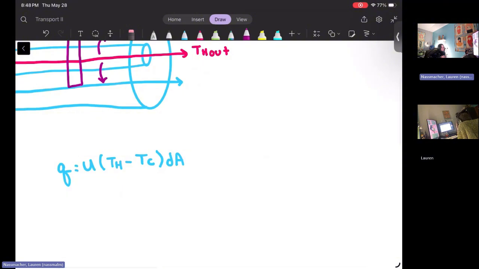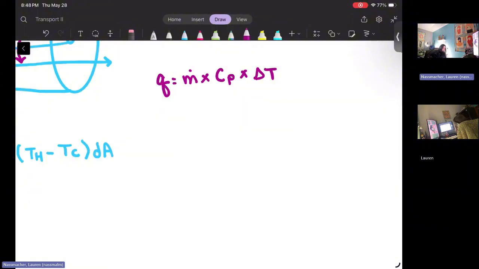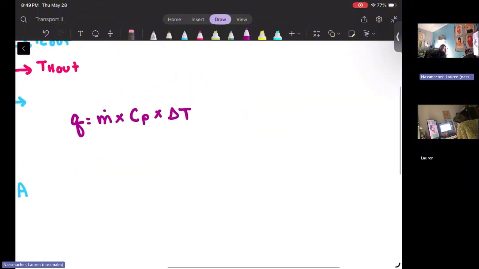So we are going to relate heat. We're going to use the equation Q equals mass flow rate times heat capacity times the change in temperature to find the integral for our heat exchange rate. How are we going to do that? Well, we're going to create an expression saying the mass flow rate of the hot times the heat capacity of the hot stream equals the capacity of the hot, CH.